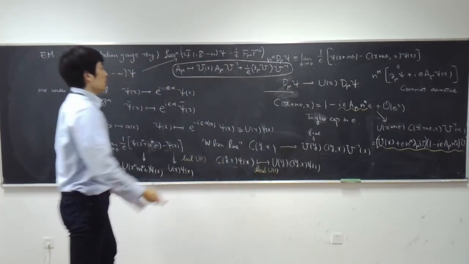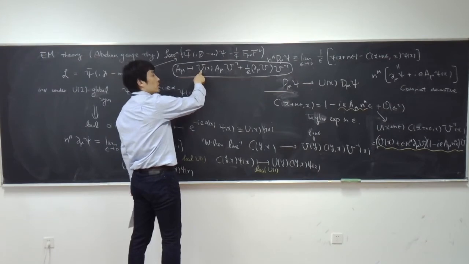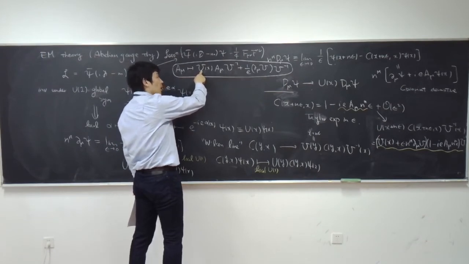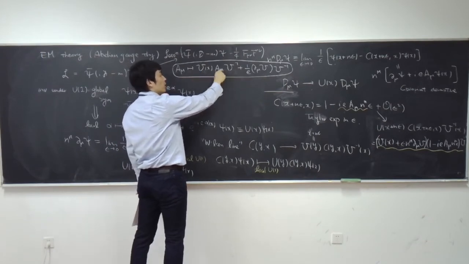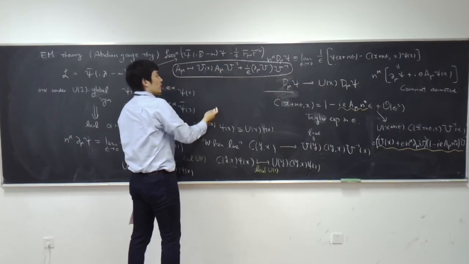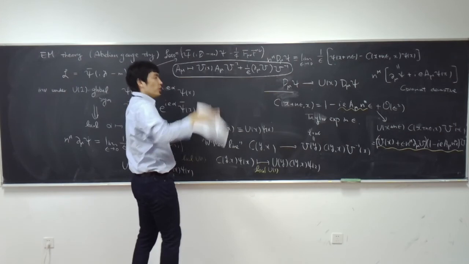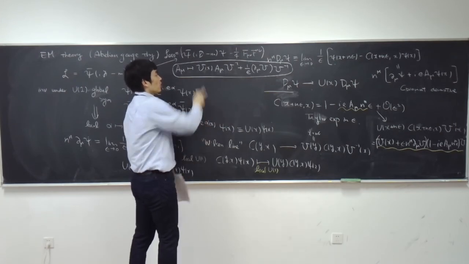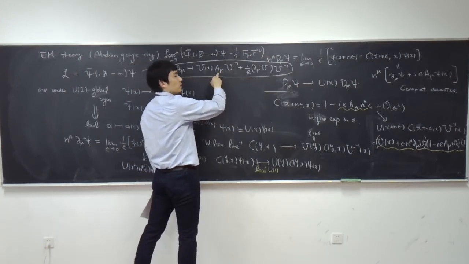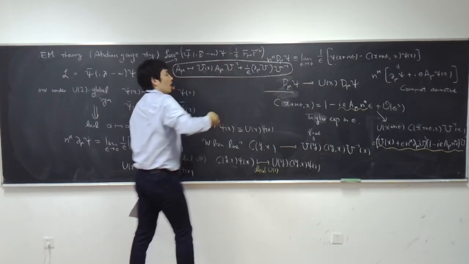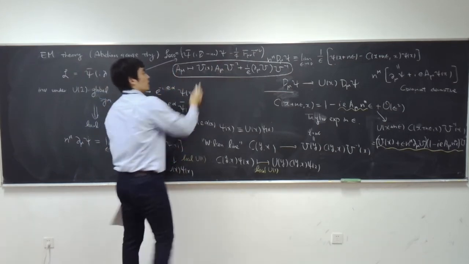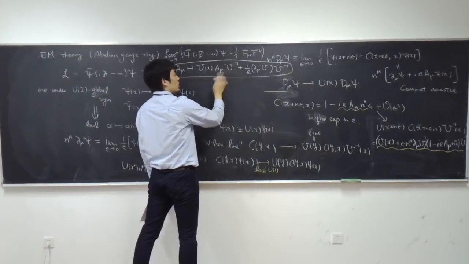And since U is in the U1 group, mu is just a number with unit norm, and the mu is just a vector, some 4 vectors, so that they commute. Okay, they just commute.